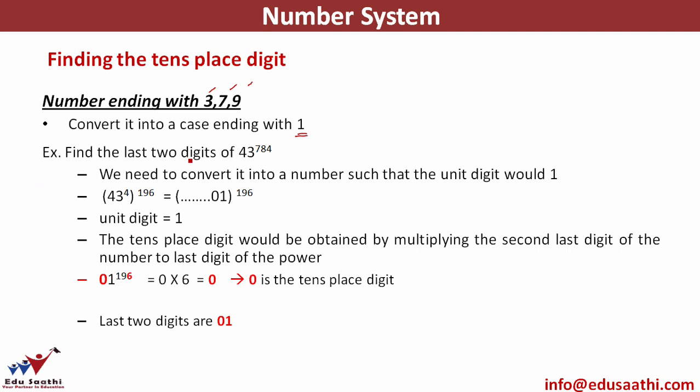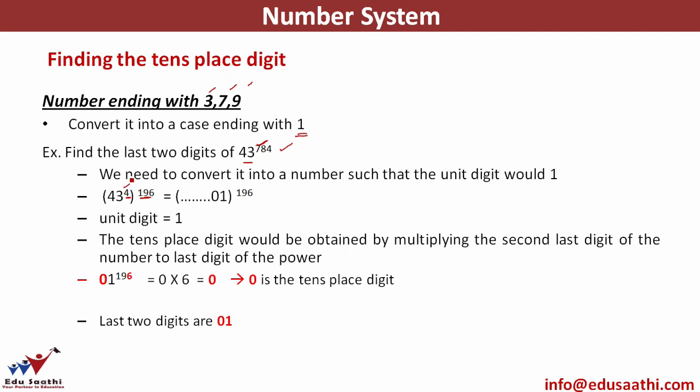The question is, find the last two digits of 43 raised to power 784. Now we need to convert it into a number such that the unit digit would end with 1. So I'll keep 4 inside and 196 outside. This power of 784 has been split up as 4 into 196.